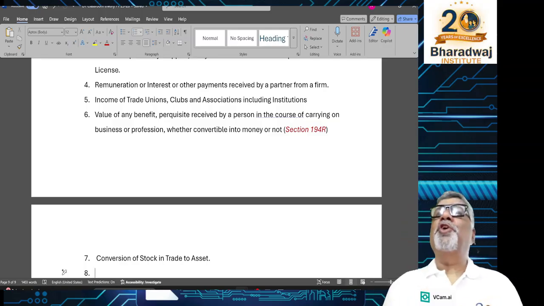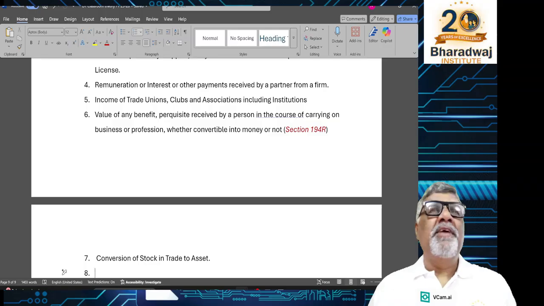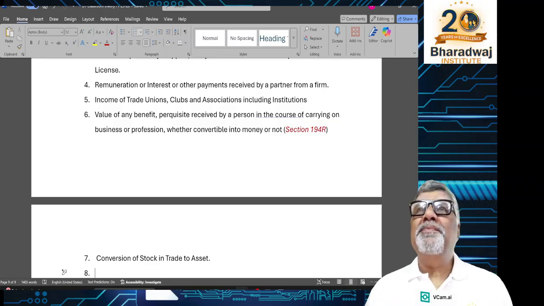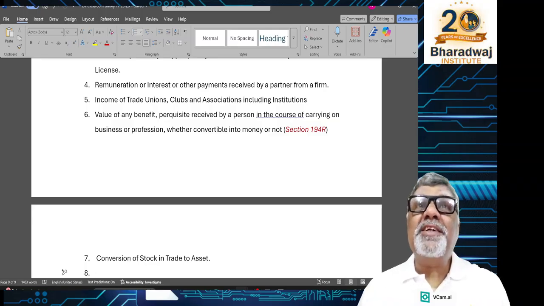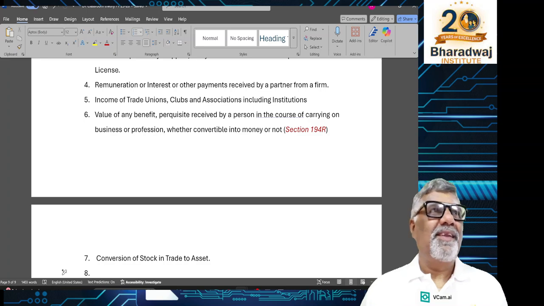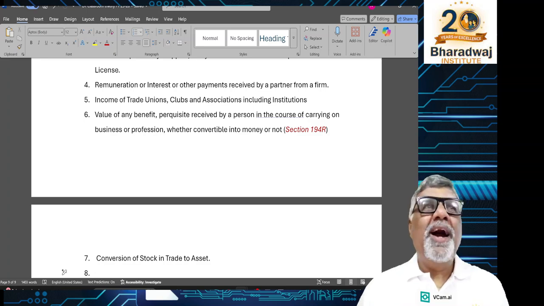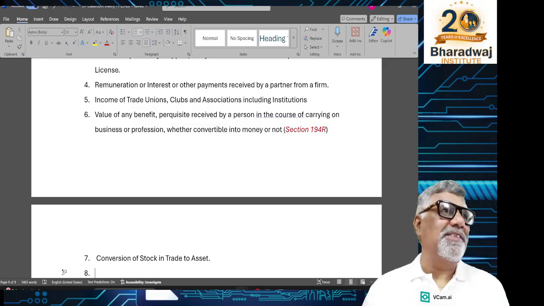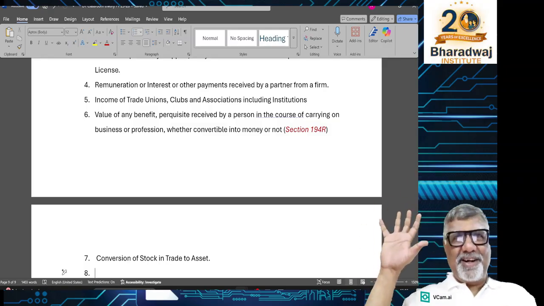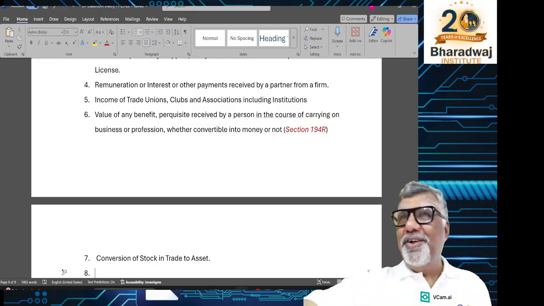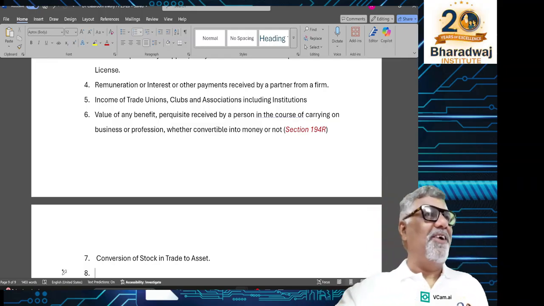I am Vasant & Co. dealing with consumer durables. I constructed my own office. From my shop, I took 10 air conditioners and installed in my own office. Our taxman says, boss, you have converted your stock into asset.